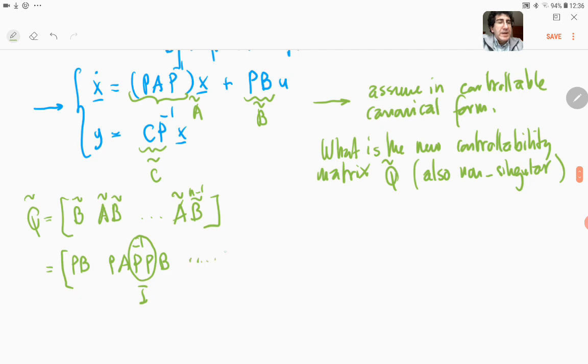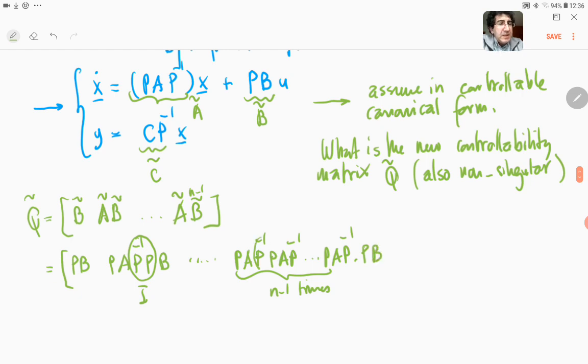We continue like this, and we have A tilde to the power n minus 1, which means you have P A P minus 1, P A P minus 1, P A P minus 1, n minus 1 times, PB.